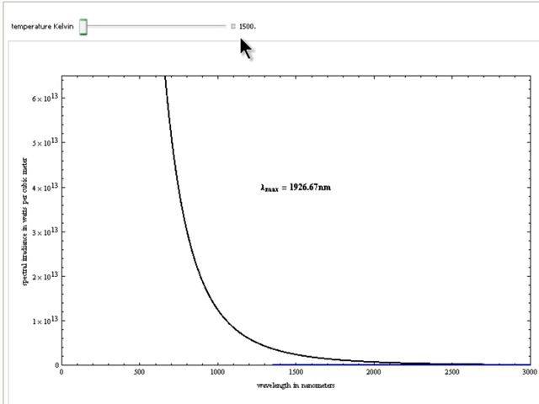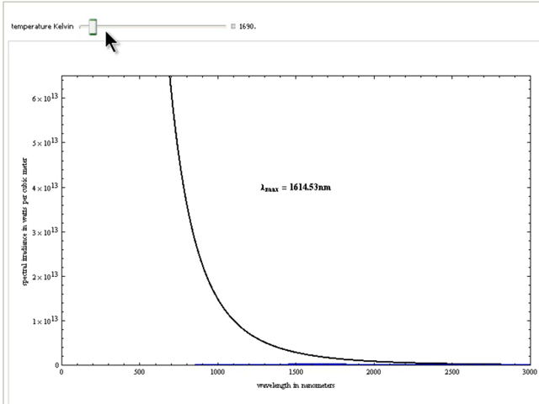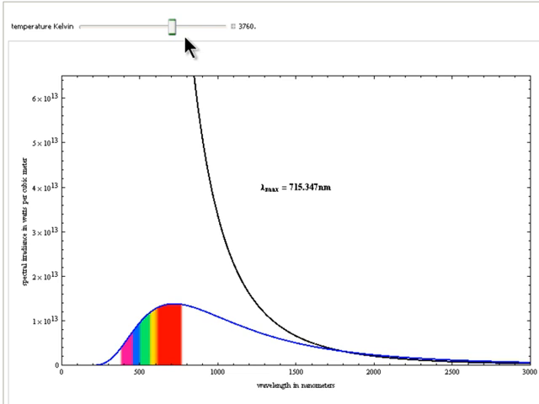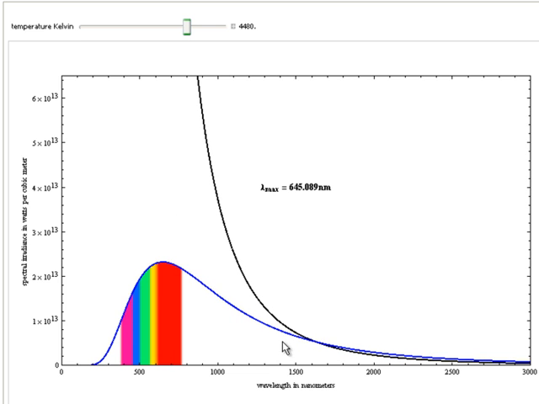At the moment, the temperature is 1,500 degrees Kelvin. And we're going to increase this, and then I'll explain what happens as we increase it. As we increase, we can see the blue line here is the blackbody radiation curve, which is rising because the intensity is increasing.